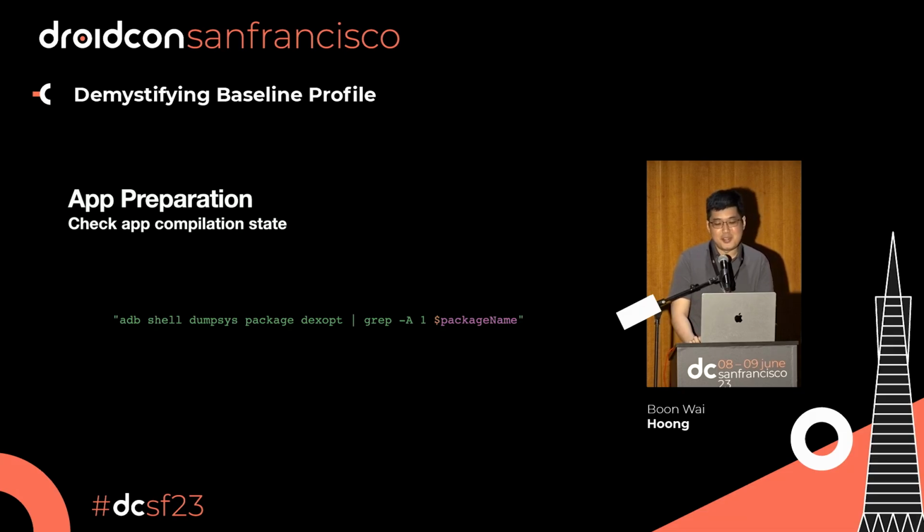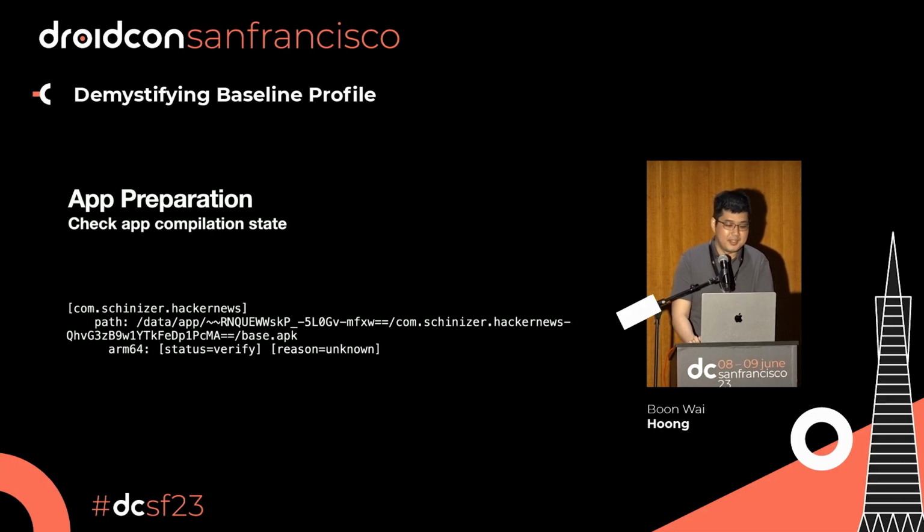So this long command dumps the state of the Android runtime targeting your app. You might get something like this. In this piece of string data, we want to focus on this thing called status verify. We want to focus specifically on the status itself.